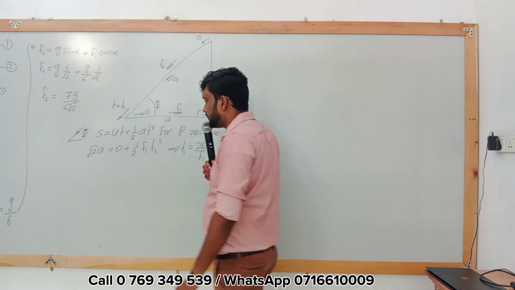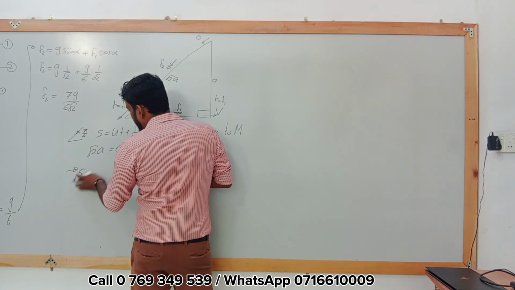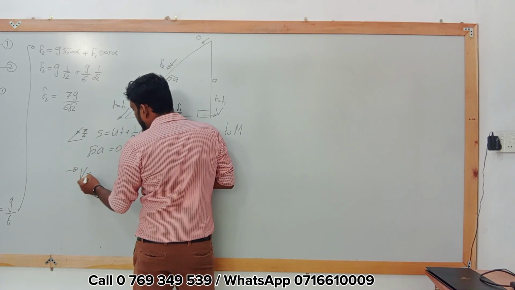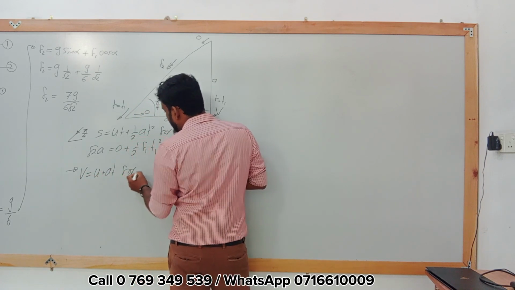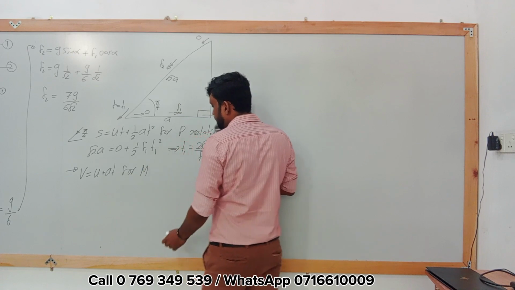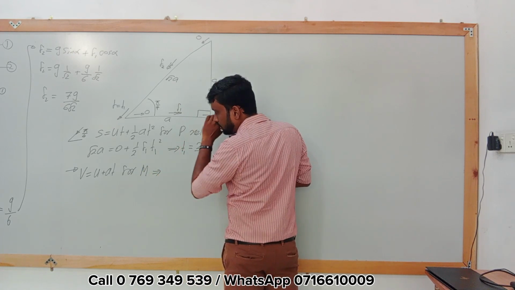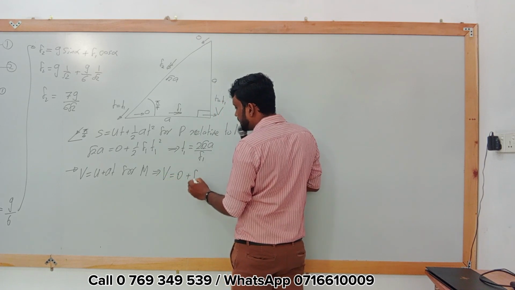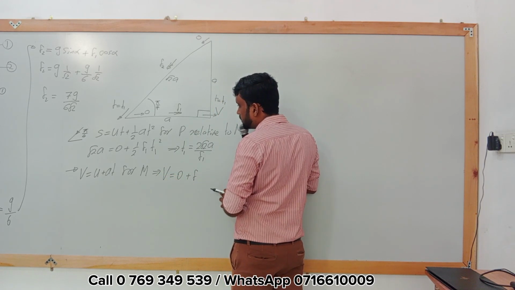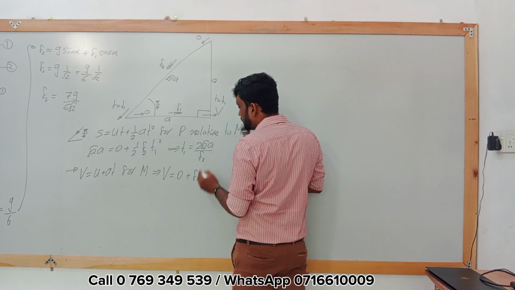Next one, this side, notice v equals u plus at for the wedge. V equals u, which is 0, plus f1 t1. Here f2.